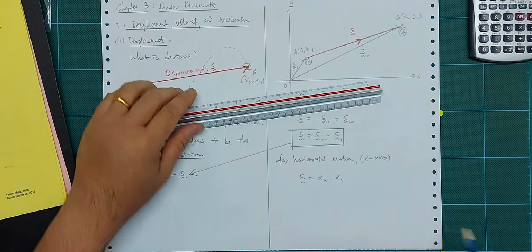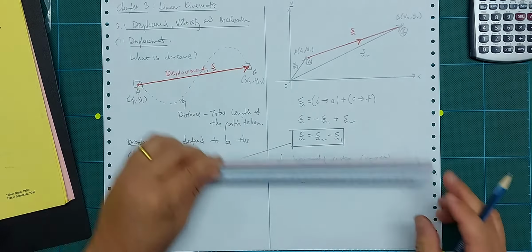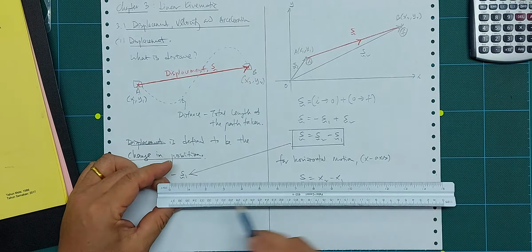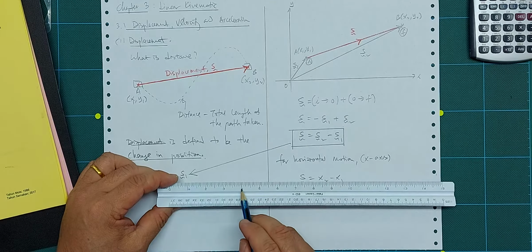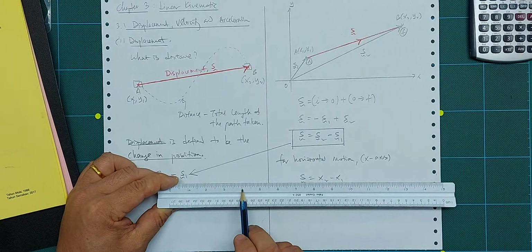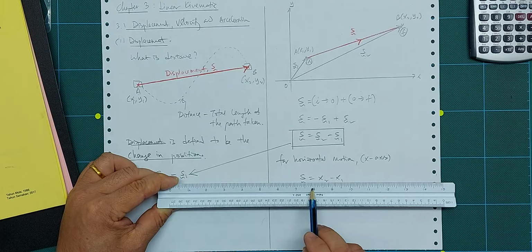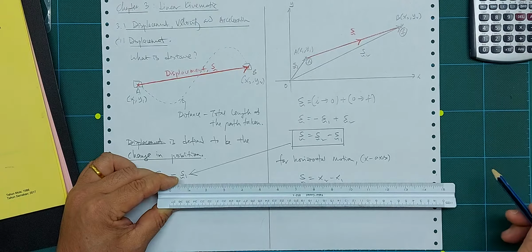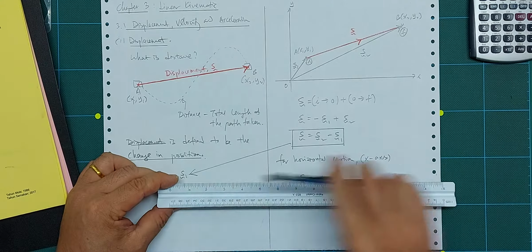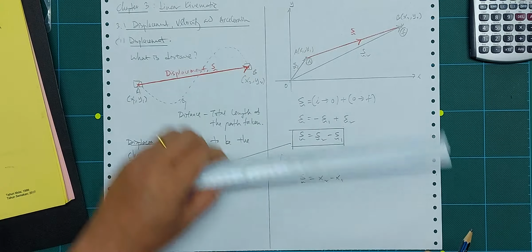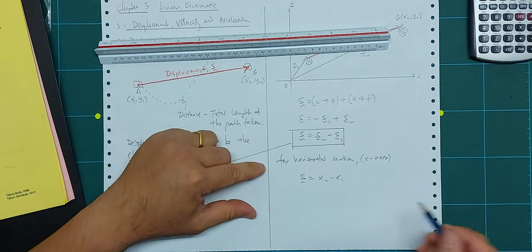For example, this is our horizontal x-axis. You are moving from 4 to 8. Your displacement is in this direction, from 4 to 8. So that means 1, 2, 3, 4. 4 centimeters only, to your right hand side. If you move to the left hand side, that will be negative already. So that one is horizontal motion.